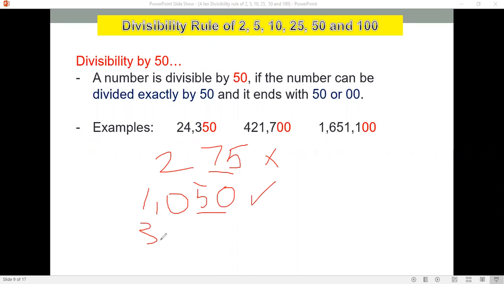Another one is 3,101. Is it divisible by 50? No, because the last two digits are not 00 or 50, but it ends with 01. So this is how you're going to know when a number is divisible by 50.